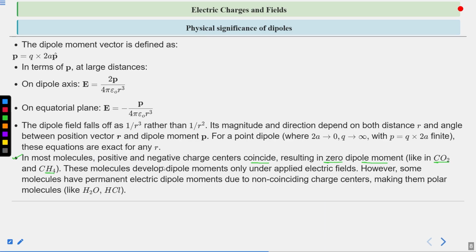These molecules develop dipole moments only under applied electric fields. However, some molecules have a permanent electric dipole moment due to non-coinciding charge centers, making them polar molecules. Examples of polar molecules are H2O and HCl. Clear?